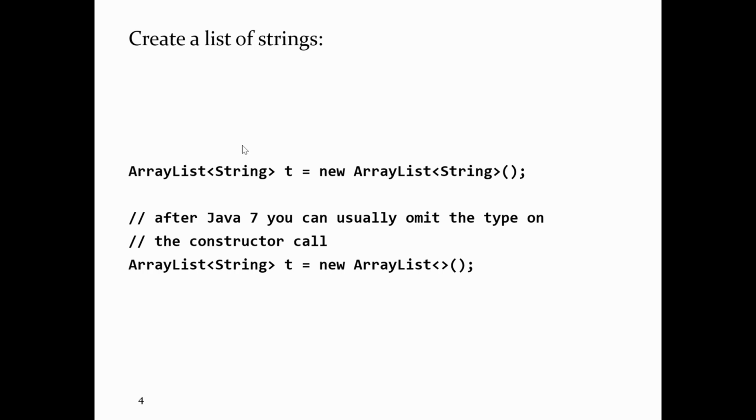Sorry, repeat the question. So when you write ArrayList String, no, you don't know yet what ArrayList is doing internally. All that you know is that ArrayList can hold zero or more strings. That's all that you know at this point. I haven't told you how it works.